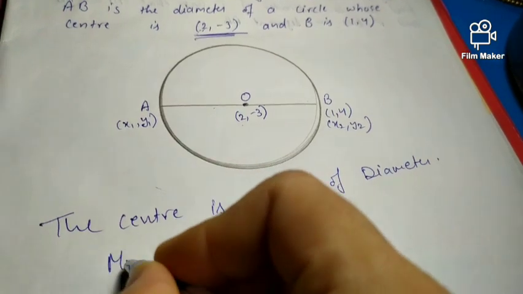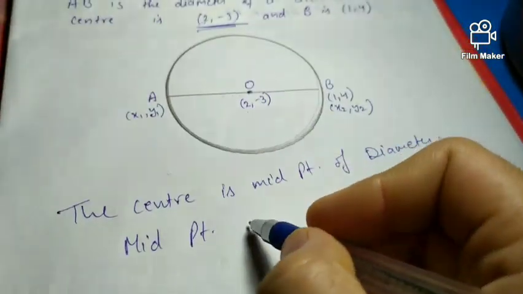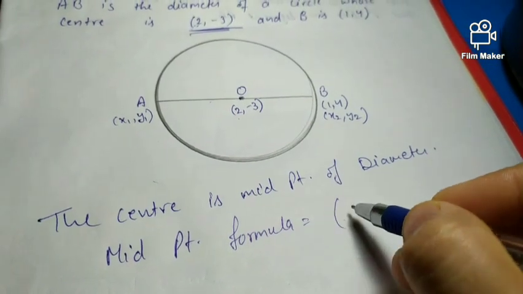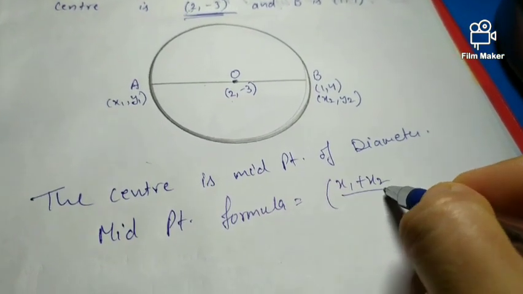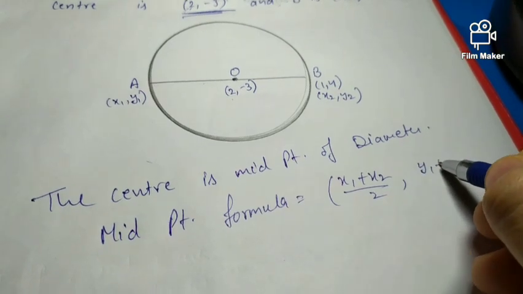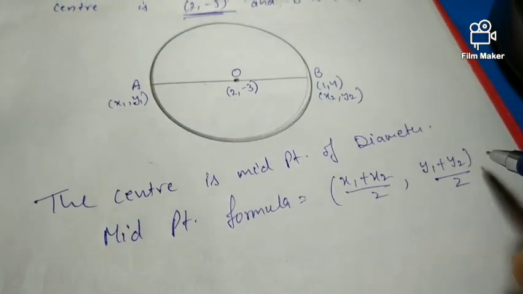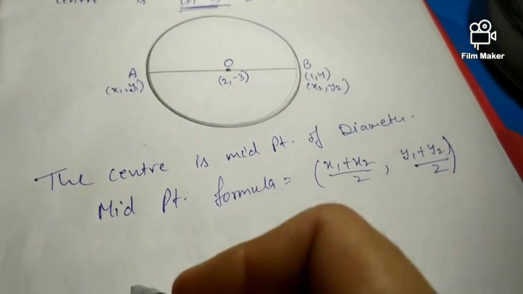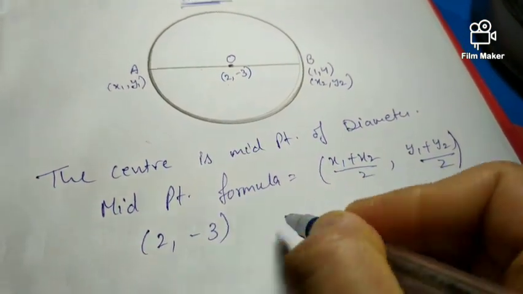What is the midpoint formula? That is ((x1 plus x2) by 2, (y1 plus y2) by 2). Clear? The midpoint they have already given, that is (2, minus 3).